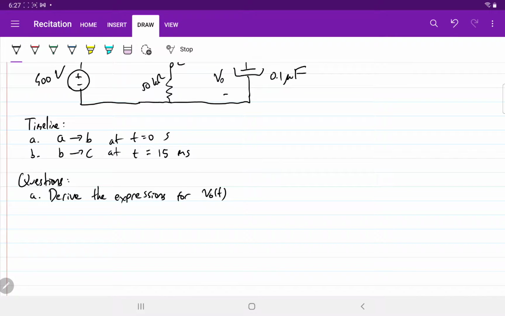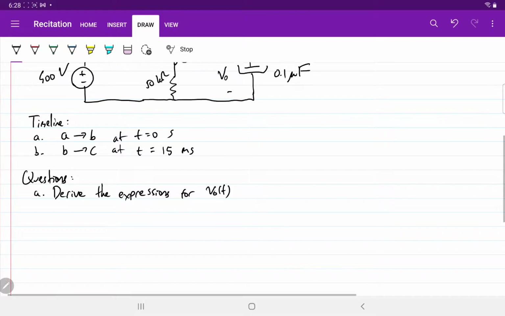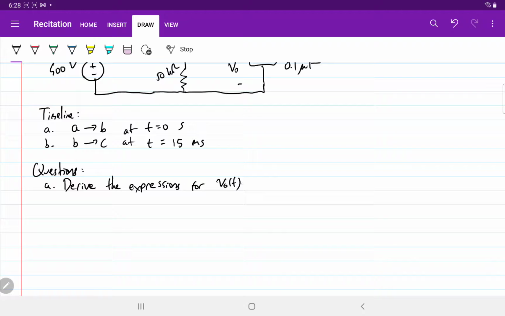Meaning V0 of t for t between 0 and 15 milliseconds, and V0 of t for t between 15 milliseconds and infinity.